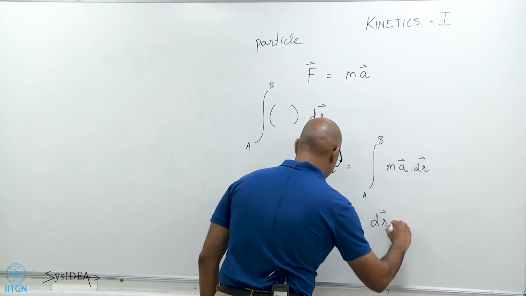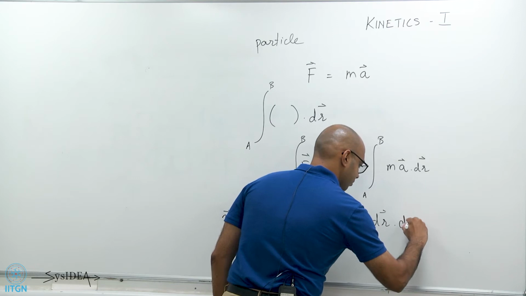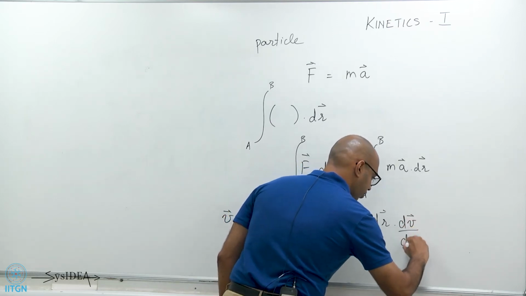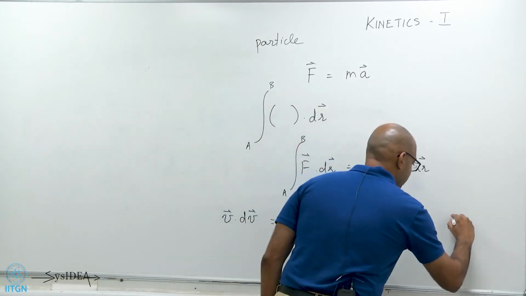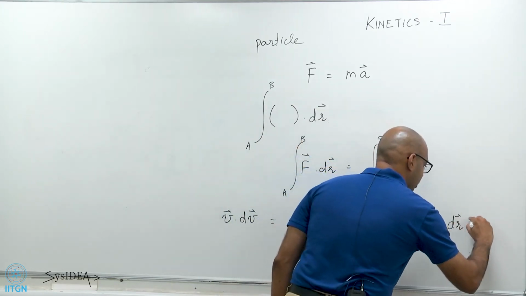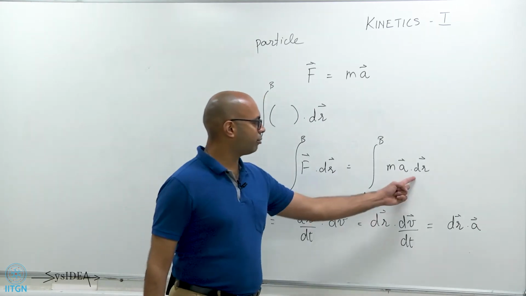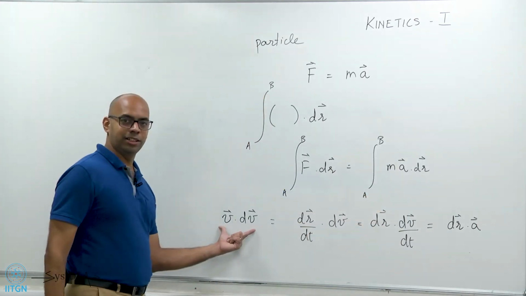This is, as I said, a crude derivation, just to give you the spirit of how these things are derived, and this becomes just dv dot with v. So this dot product can be written as v dot dv.